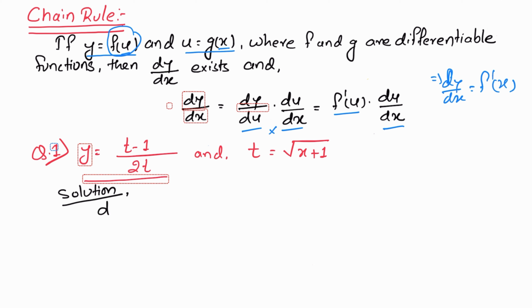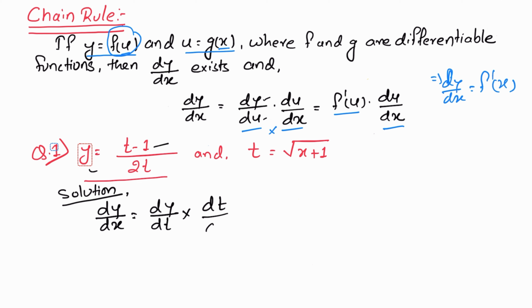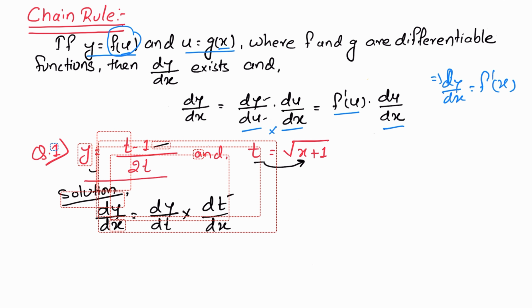So we know that using the chain rule we have dy upon dx equals dy upon dt. Why dt? Because in the rule y is a function in terms of u, but here you can see y is a function in terms of t. So dy upon dt times dt upon dx. Why dt upon dx? Because t is a function in terms of x. So we put here dy upon dx.